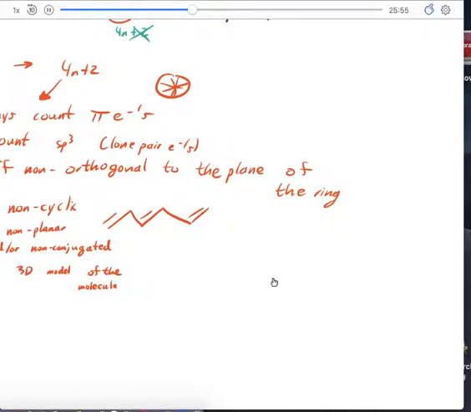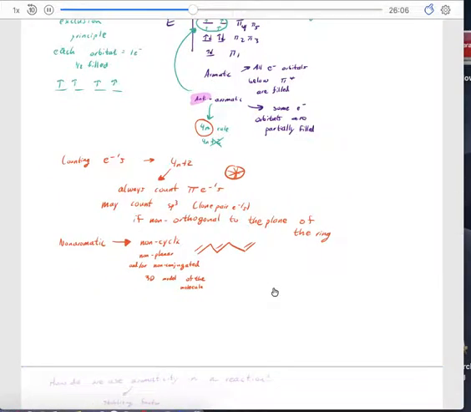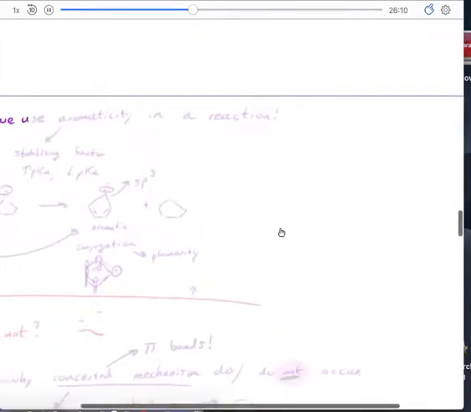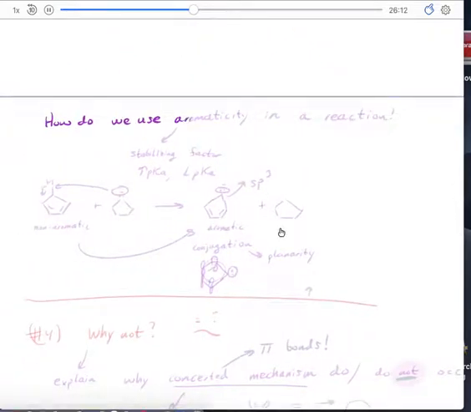Now, how do we use it? Let's go back to purple. Now, you might be asking, how do we use aromaticity in a reaction?